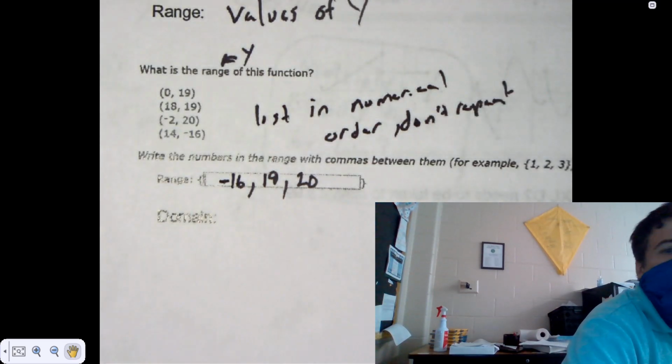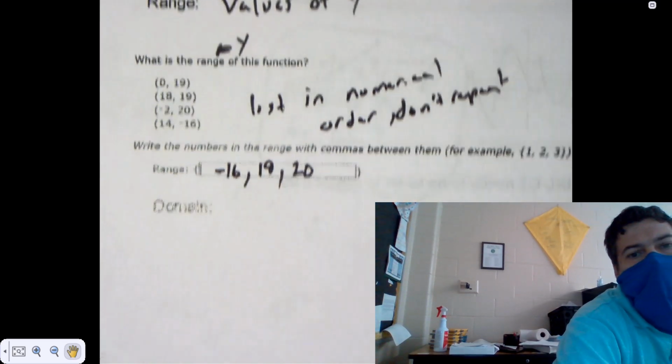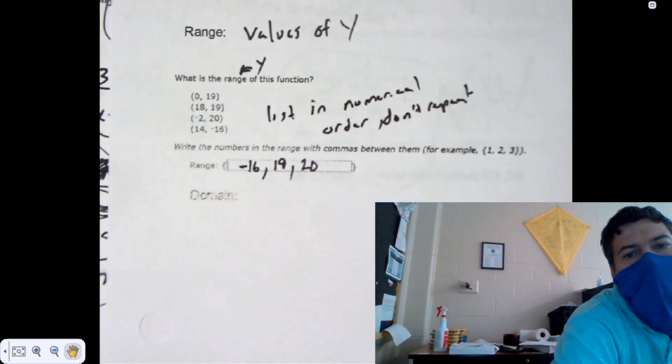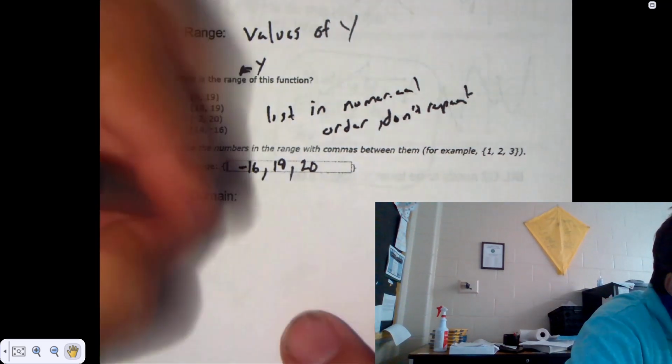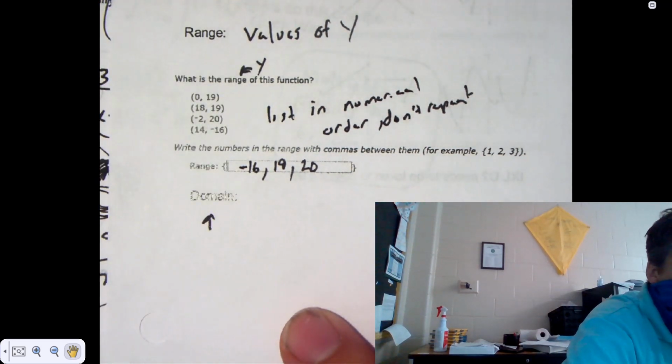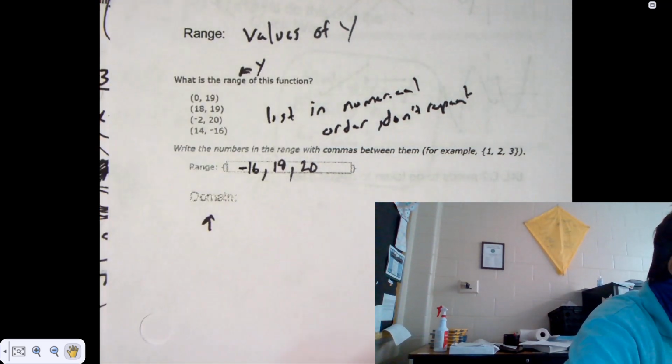Domain's up next. Domain would be what values? All right, let's just define it first. What values is it?